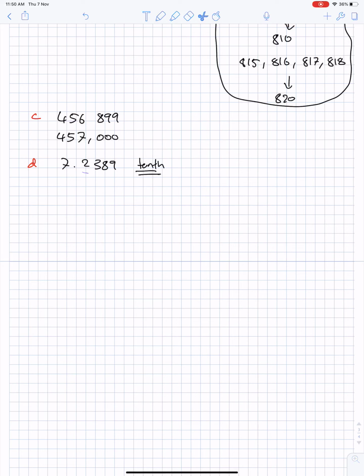So the nearest tenth, we'll be looking at whether this number here gets rounded up or down. So we look at this number next to it, which is 3, so it gets rounded down, it stays the same basically, to 2. So it'll be 7.2000, which is the same as 7.2.